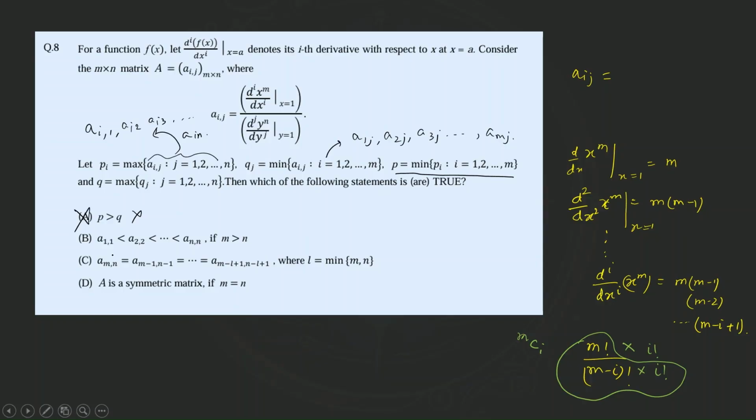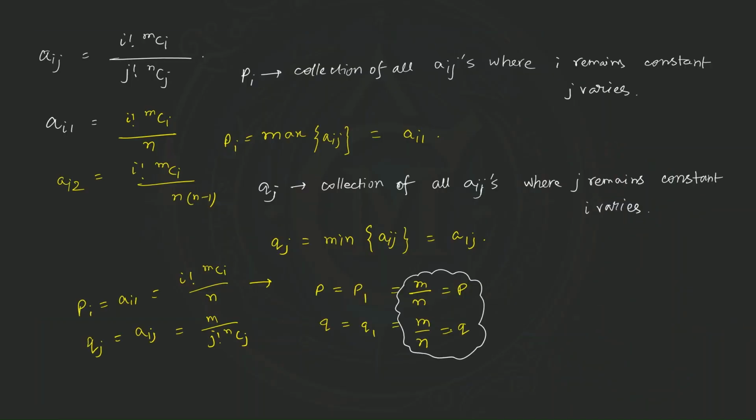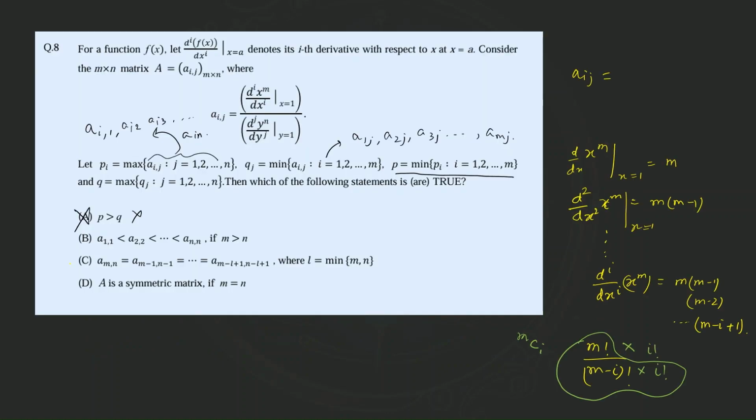Option b is saying a11 less than a22 less than so on, up to a, if m greater than n. Now focus on this aij. In the option we are given this format where i is equal to j, so we can put i equal to j equal to some i.